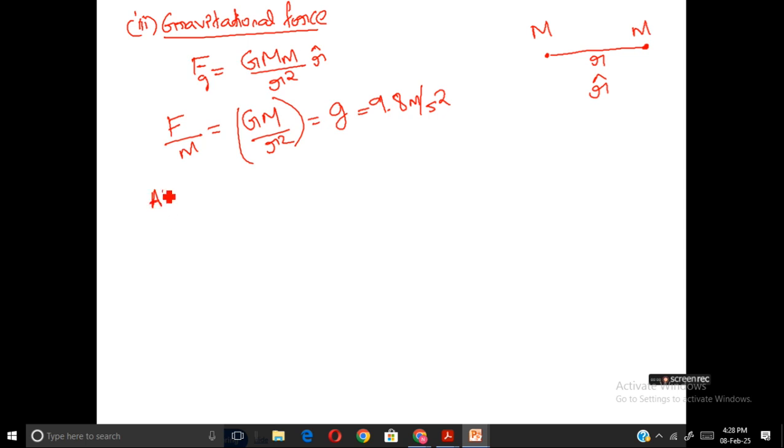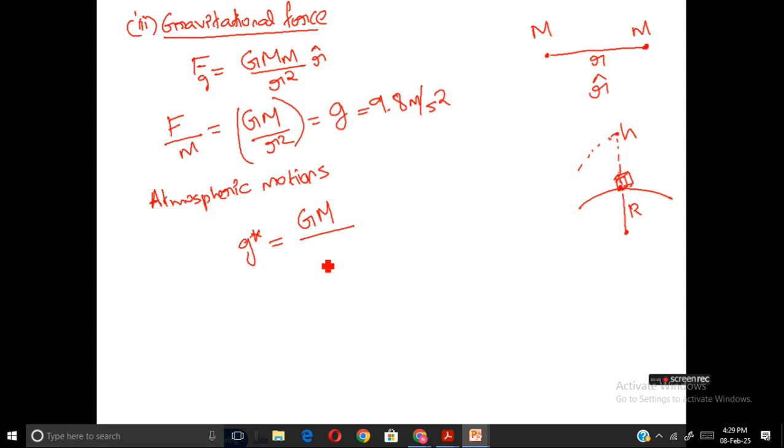Now when we are considering atmospheric motions or movements, generally the air parcels move along the vertical direction. So this is the surface, which is at a distance of r from the center, and suppose the air parcel at the surface is moving to a height h. The acceleration due to gravity at r and at the height h will be different. So let g star be the acceleration due to gravity at a height h.